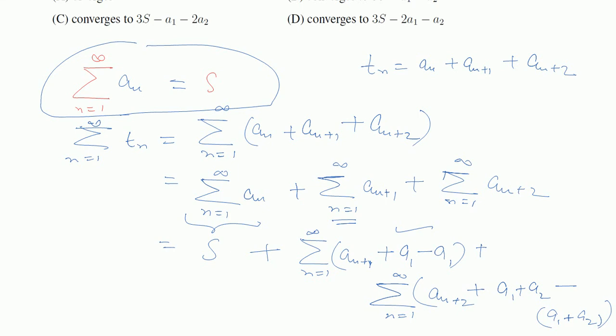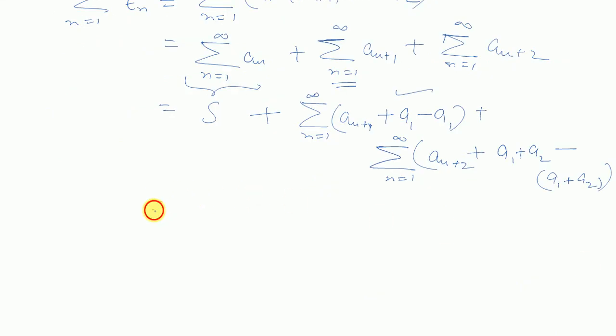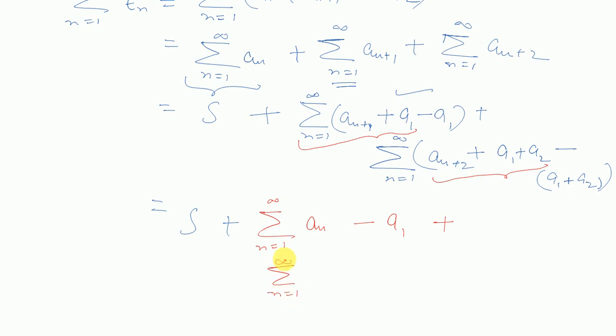So if you see this, this is your S plus, now this will make the summation running from n equal to 1 to infinity an, minus a1. Can you see this?